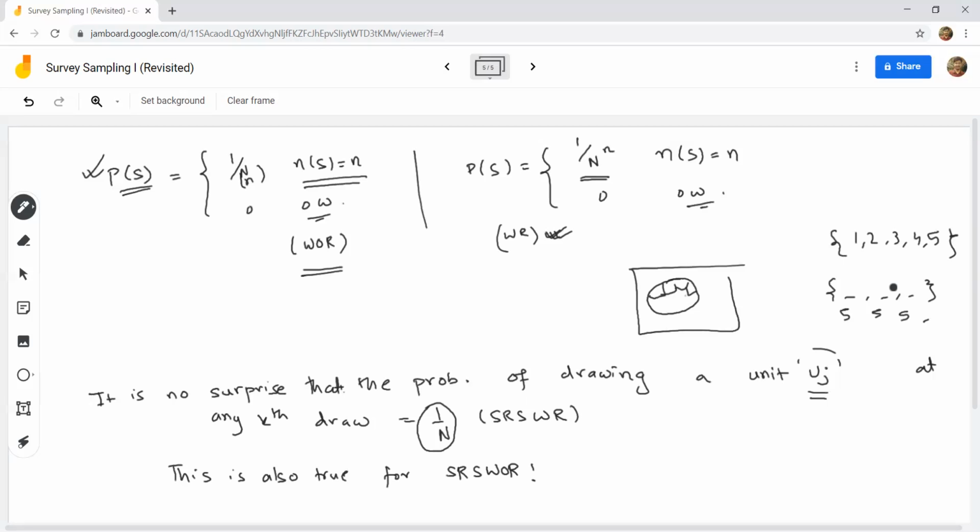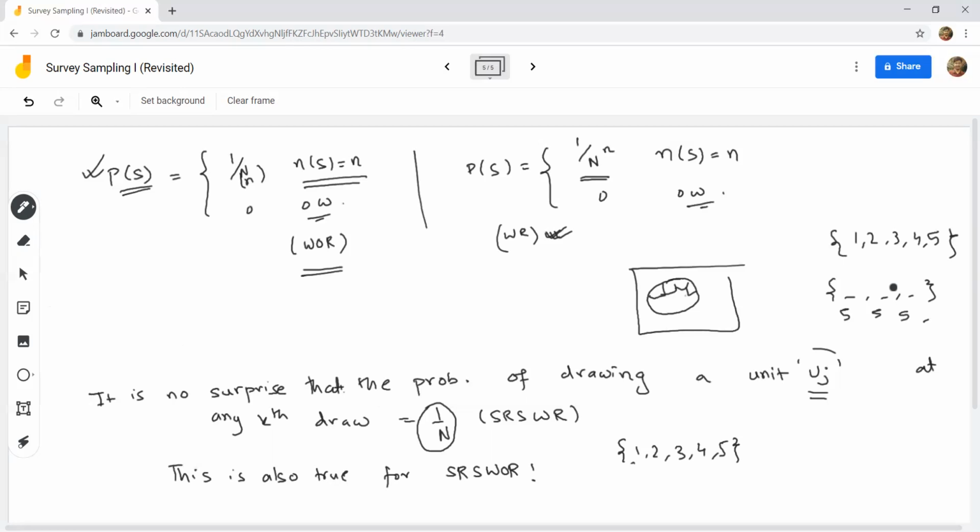We already saw in the previous example, say 1, 2, 3, 4, 5, that our main issue was this. Say I'm interested in drawing a sample of size 2 out of this 1, 2, 3, 4, 5 without replacement.